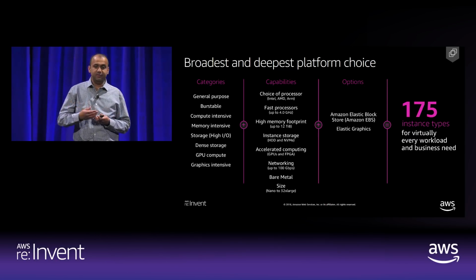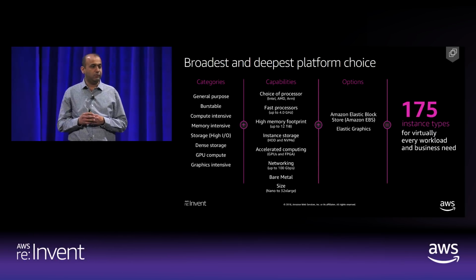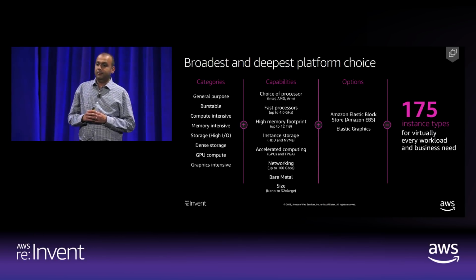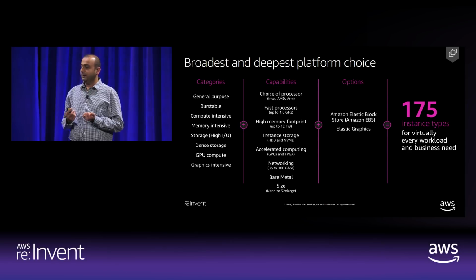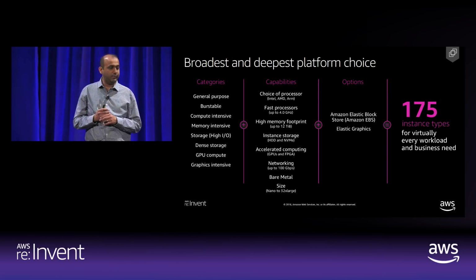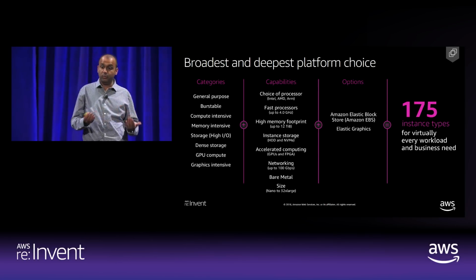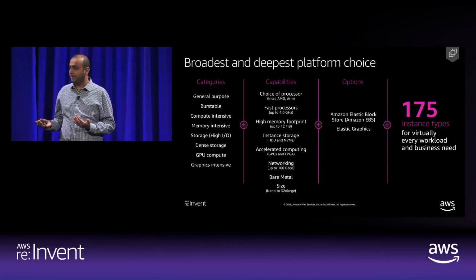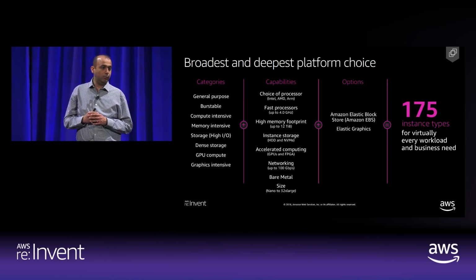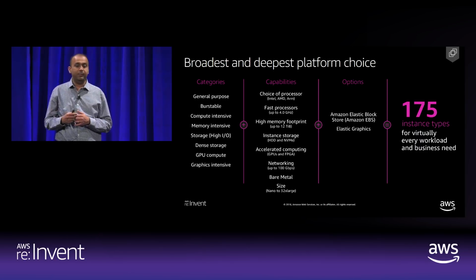We have burstable instances for workloads that experience occasional spikes in demand. There are compute-intensive instances that offer the best single-threaded compute performance. We have instances that optimize for memory, where you're running in-memory workloads or high-performance databases. Or your workloads could be storage optimized, where you need the highest IOPS or storage density.